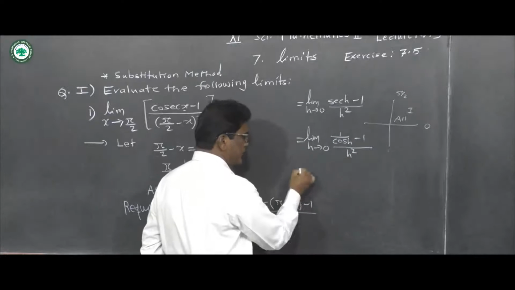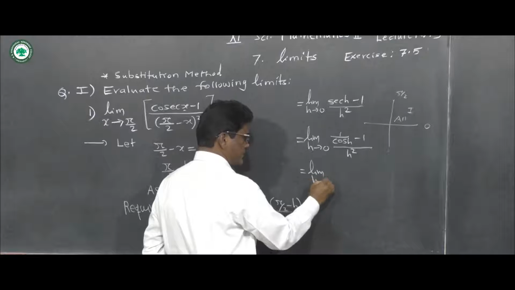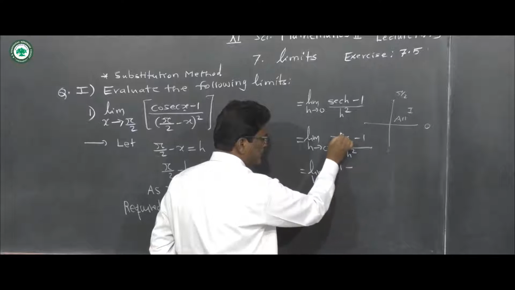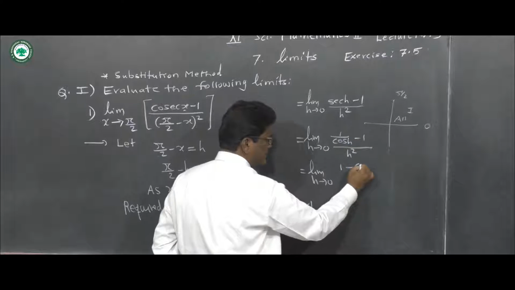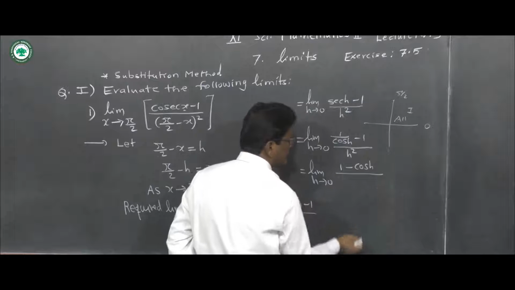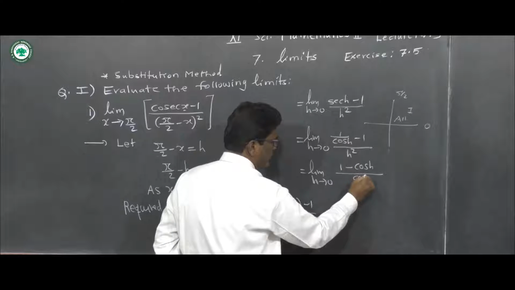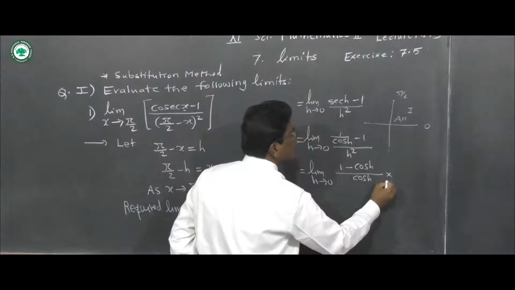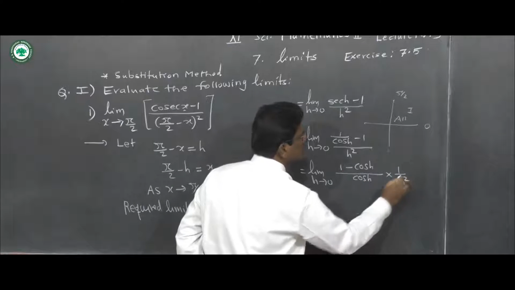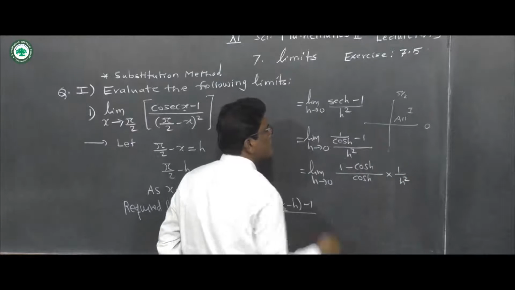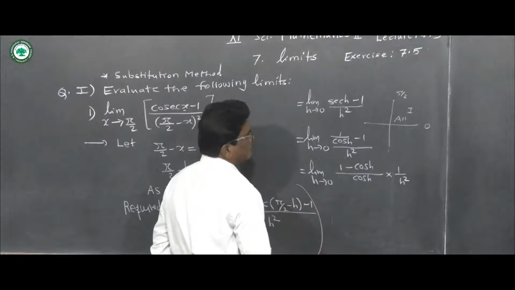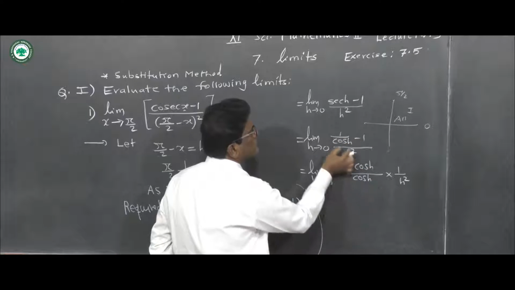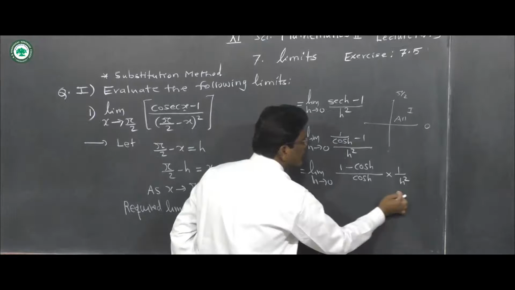Now we take the subtraction: (1 minus 1 into cos h) upon cos h, and upon h square we write 1 upon h square. So 1 minus cos h upon cos h, whole divided by h square.